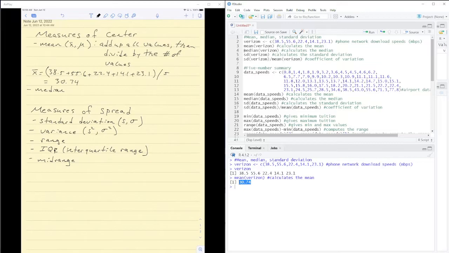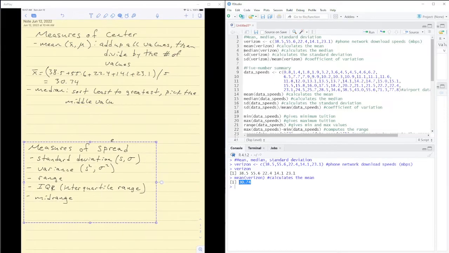If we wanted the median, how we do that is we sort least to greatest, and then pick the middle value.